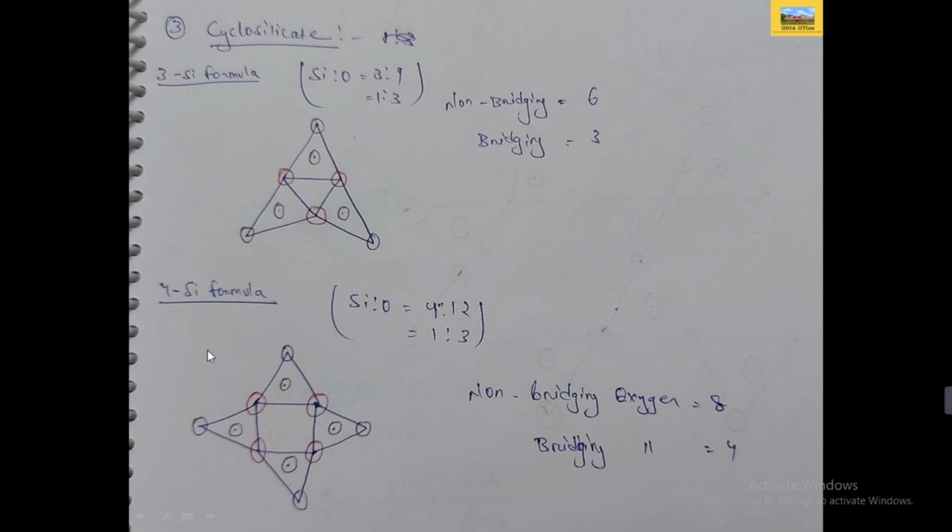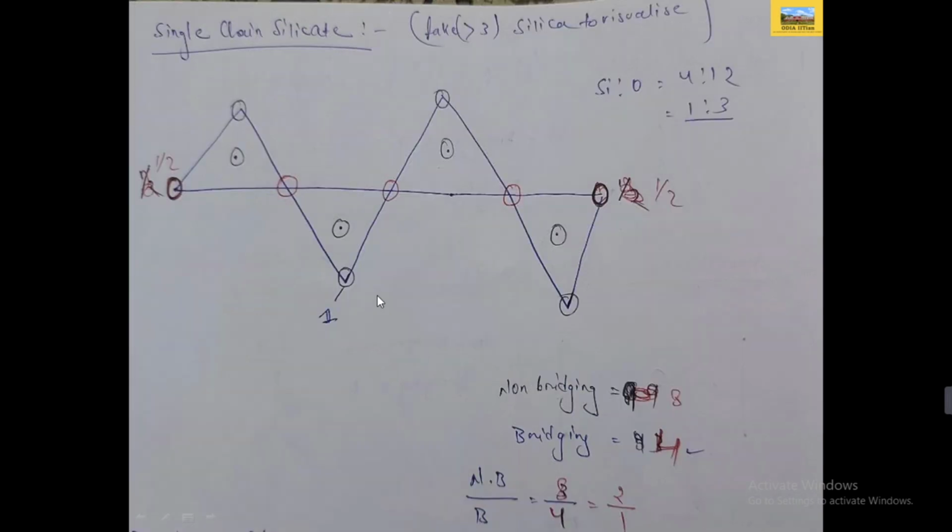Next, moving to the Si4O11 formula. That is, in this case, 1, 2, 3, 4 are the bridging oxygen and 1, 2, 3, 4, 5, 6, 7, 8. 8 are non-bridging oxygen. Now we are moving to the single chain silicate.